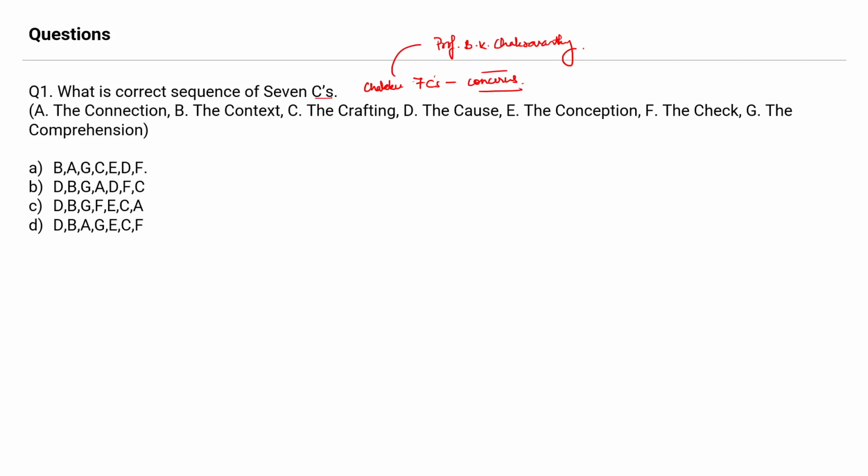Okay, somebody said option C. Yes. So instead of replying on chat, I would request that you just unmute yourself and tell me which option is correct, and we can then have a discussion. People are saying option C. Anyone else? Which option is correct?